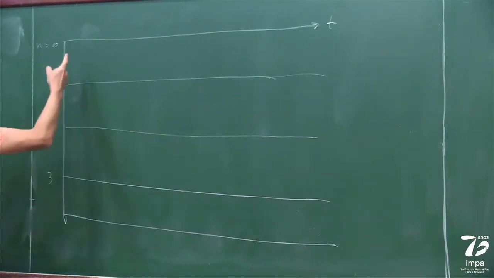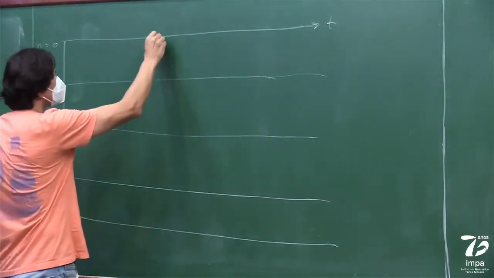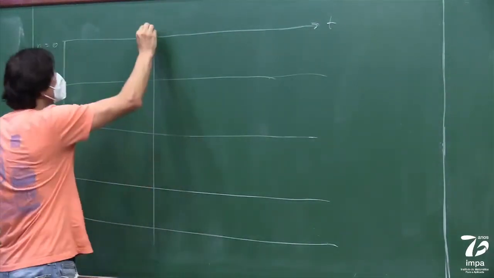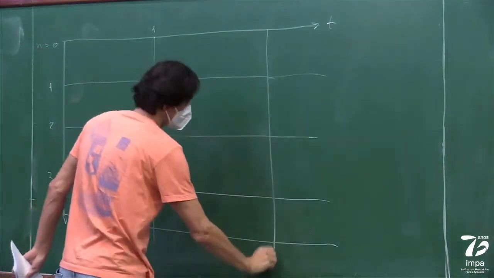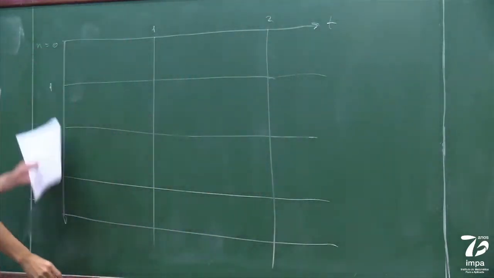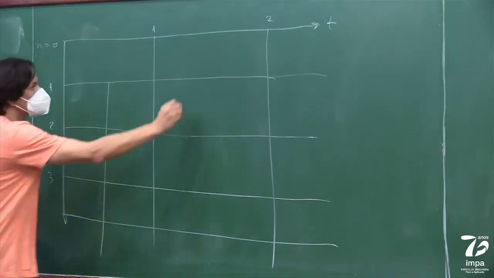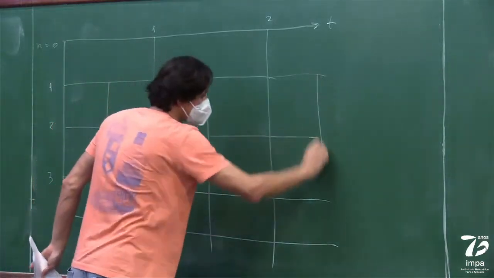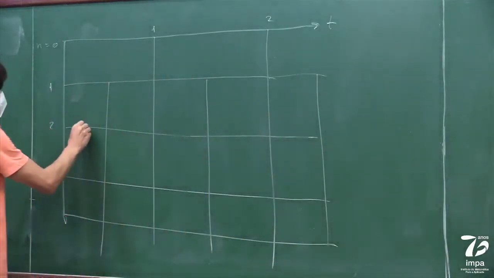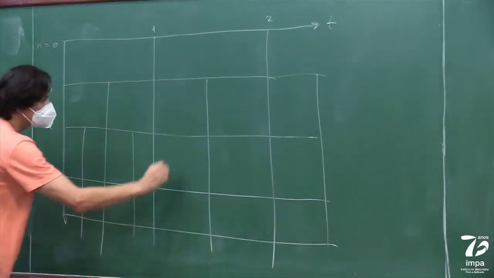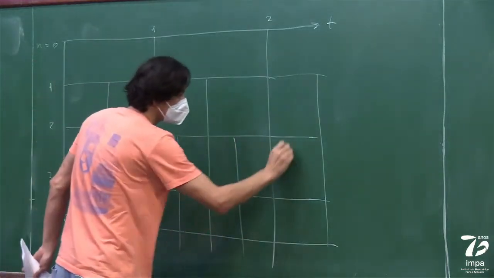And so at 0 scale, the turnover time is 1. So it's 1, 2, and at each next scale, the turnover time is twice smaller. So we divide every time this piece by 2, then the next by 2, and so on.